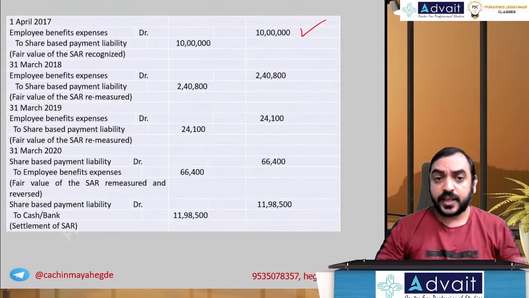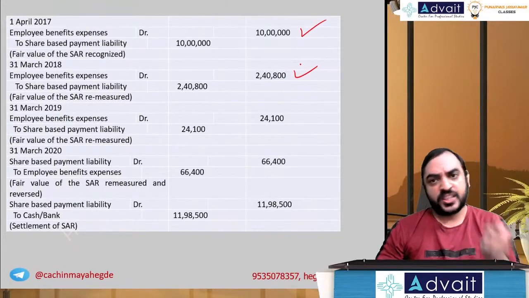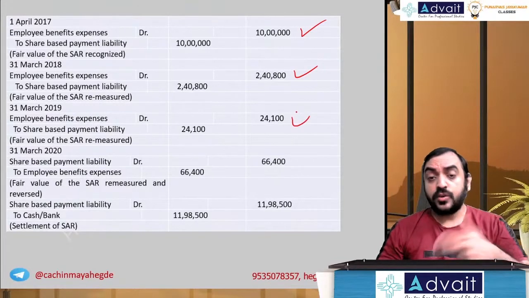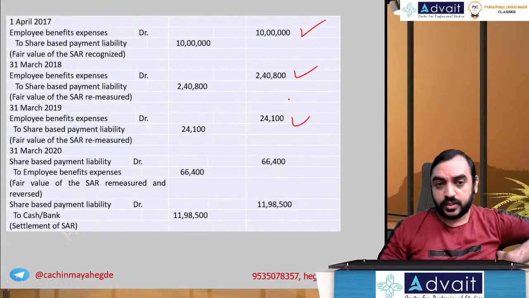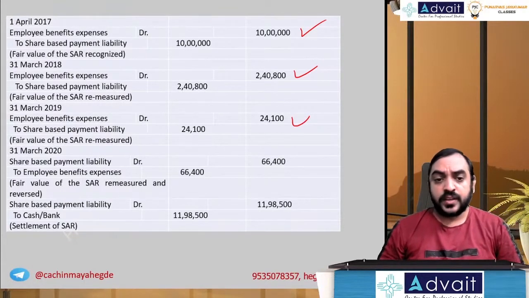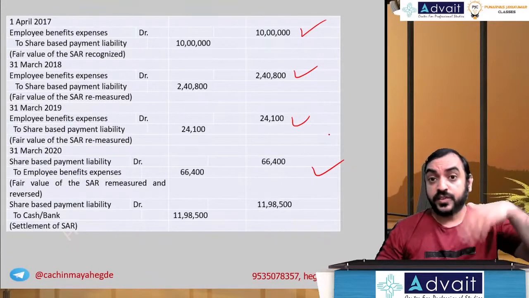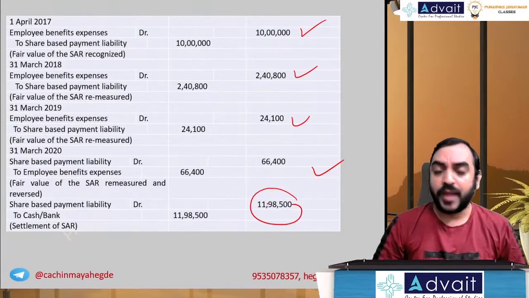See, first year 10 lakh at the beginning of the year, and at the end of the year 2,40,800. Again, employee benefit expense to share-based payment liability. Second year, again the revised amount, that is the change in accounting estimate, employee benefit expense to share-based payment liability. And in the third year, a reversal entry: share-based payment liability to employee benefit expense. It's a credit entry, and in the last year we make the payment, share-based payment liability account debit to bank.